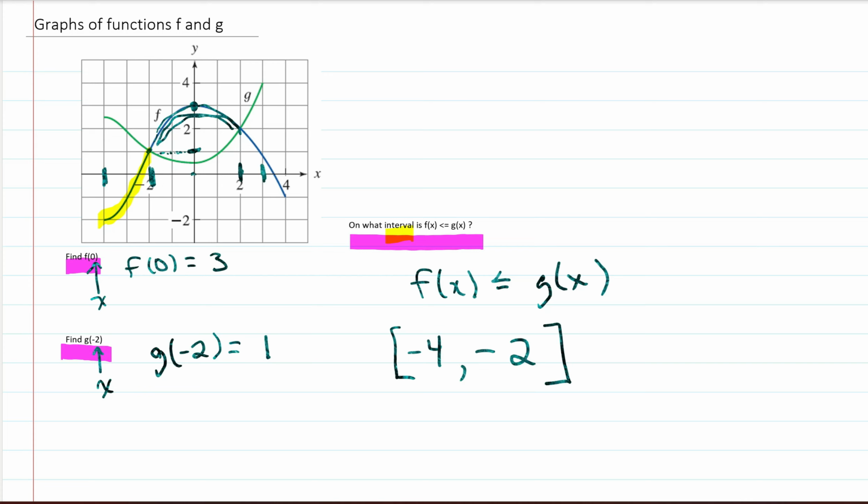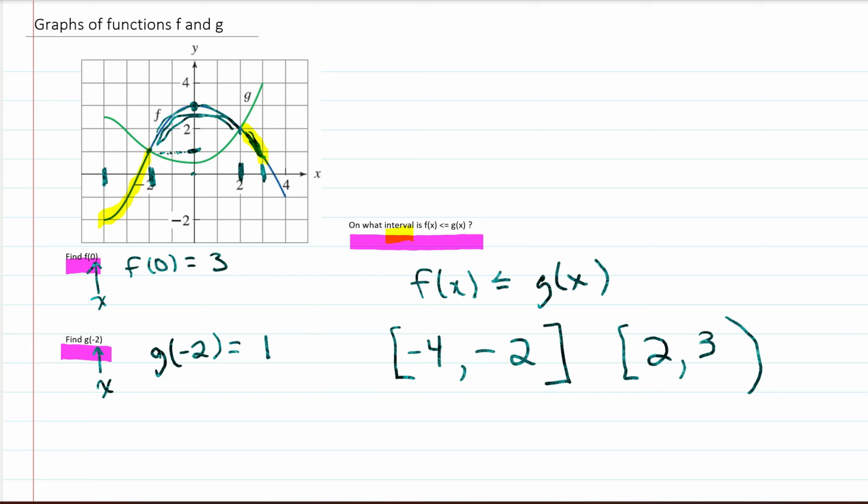It may look like the graph goes on to 4, which it does. However, the green graph, the green function g, doesn't go to 4, so you can't compare them if it doesn't go that far. So we see that it's below right here from 2 to 3. So from 2 to 3.